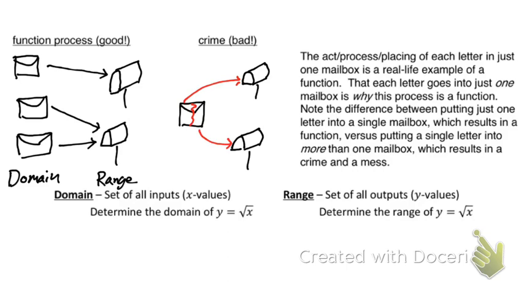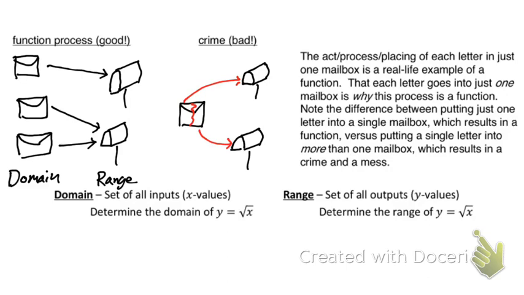So a mailman delivering letters where letters are our input and mailboxes are our range is an example of a function. You can think of almost every function. You can break it down into letters and mailboxes to see if it works. So that's the way I like to think of domain and range and whether something's a function or not.